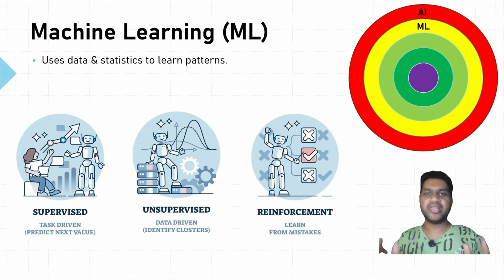Here, again and again I'm using the term robot, but that doesn't mean it has to be literally a physical figure. It can be a simple machine, it can be a model, it can be anything else. And in case the robot takes a correct decision, it will be rewarded. If it takes a wrong decision, it will be punished.